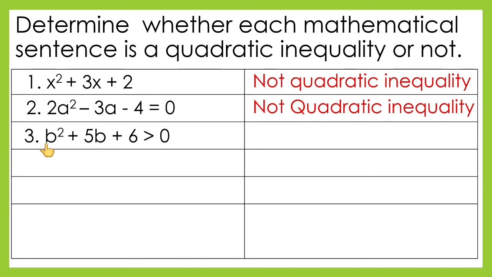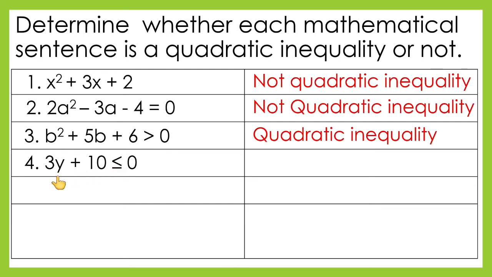Number 3, b squared plus 5b plus 6 is greater than 0. This is a quadratic inequality because the degree is 2 and then we have the inequality symbol greater than.